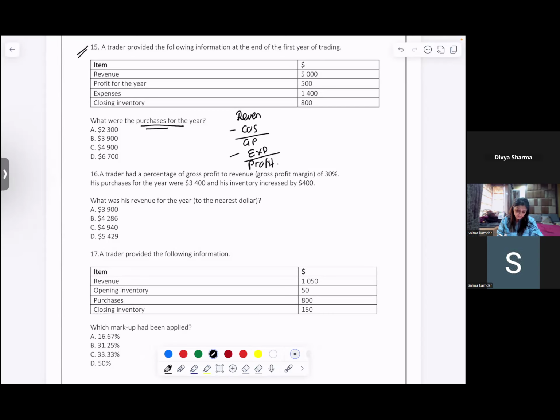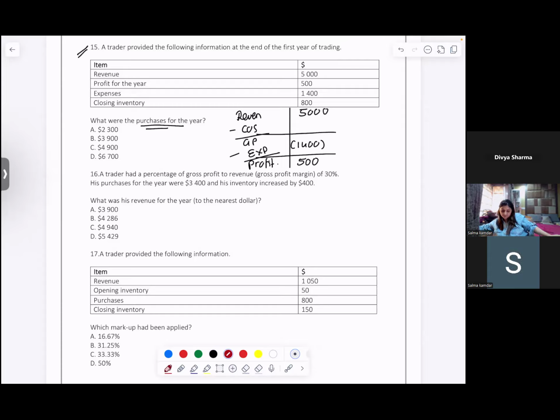We have revenue as 5,000. We don't have cost of sales. We don't have gross profit. We have expenses 1,400 and we have our profit as 500.